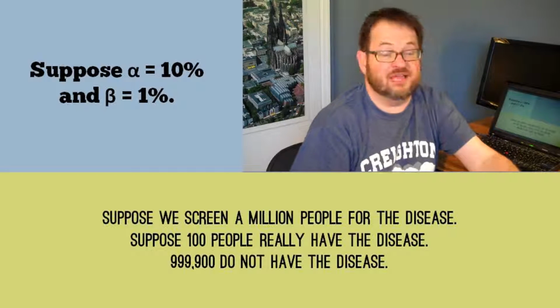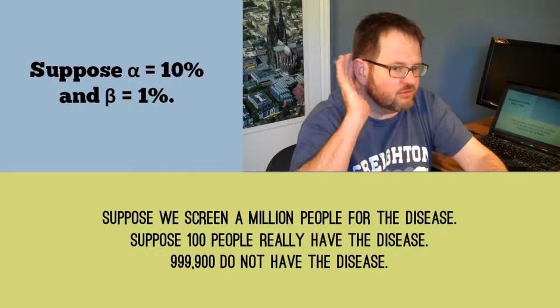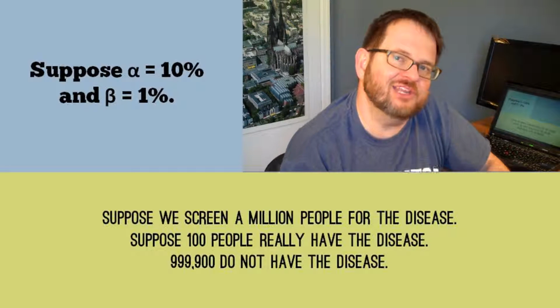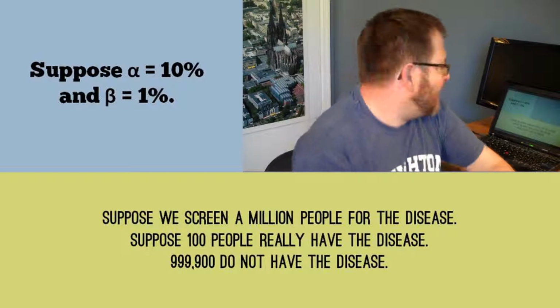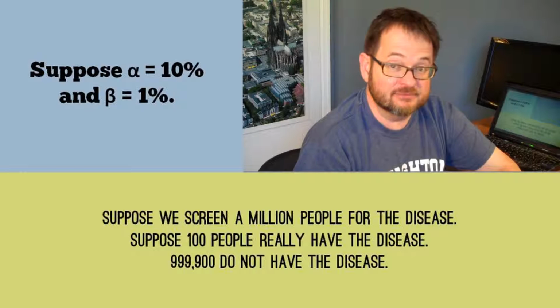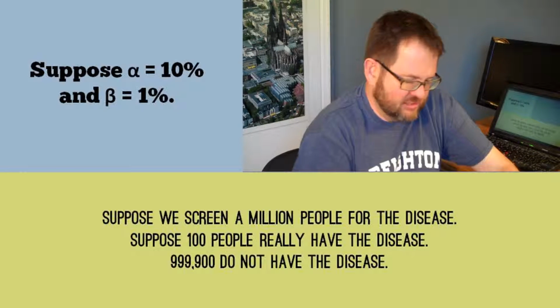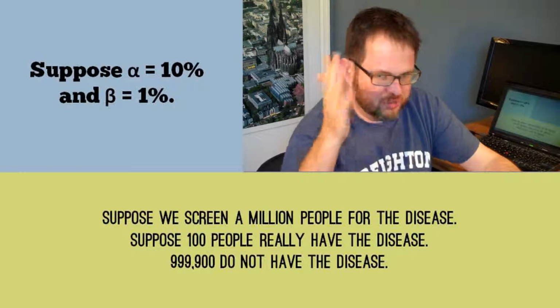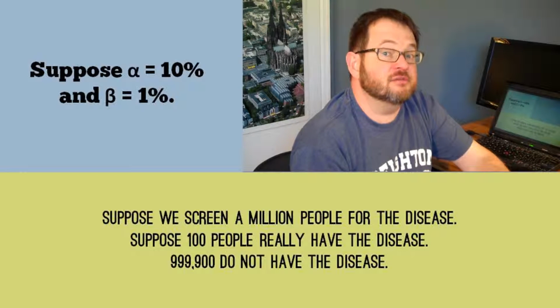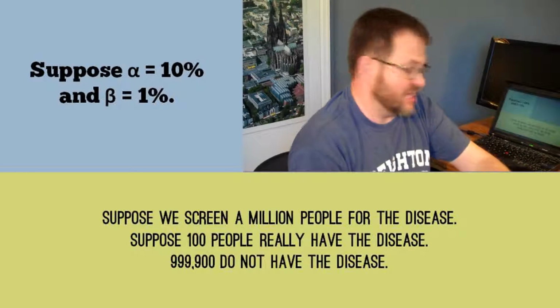We don't even know how many people have the disease. But let's say we have a secret knowledge here, like the angels have come down and they whisper the answer to us, and we know that there's actually 100 people out there who have the disease. In our experiment we don't know, but you and I do. That means 999,900 of the people in the million that we screened don't have it.